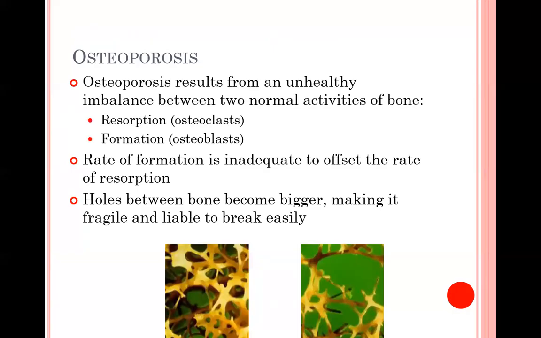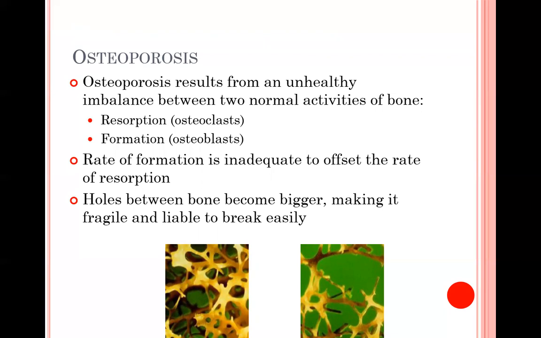So another drug that's related to the bones, osteoporosis. Osteoporosis results from an unhealthy imbalance between two normal activities. So you have your resorption of bone cells, which is normal, and then you have the formation of new bone cells. So osteoclasts take away, osteoblasts build.